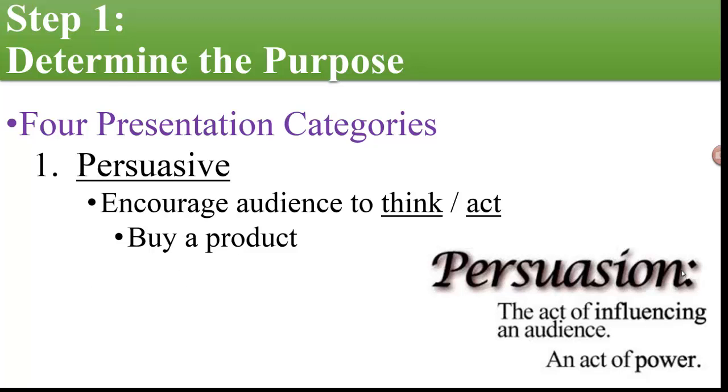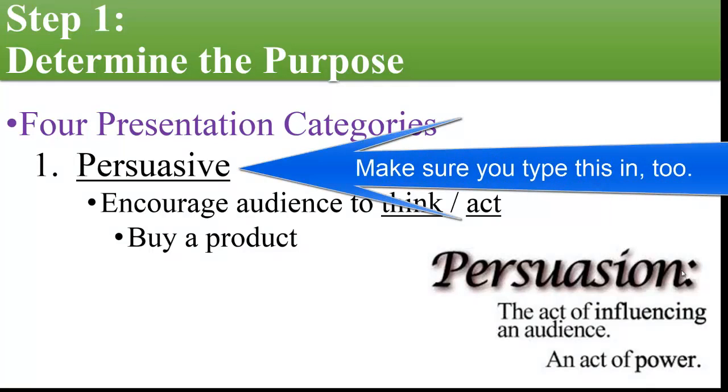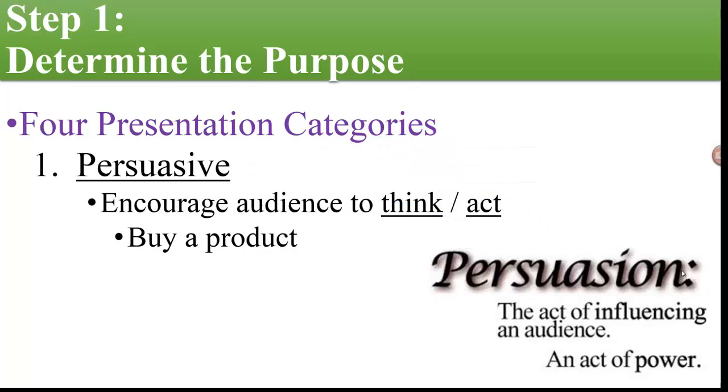The first type of presentation categories is persuasive. In a persuasive presentation, you're encouraging your audience to think or act. You're trying to make them think the way that you think or act on something in a way that you would act on that. You're usually very passionate about this topic and you want your audience to do something.